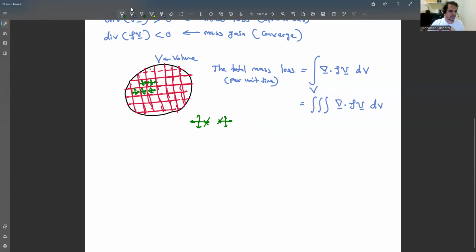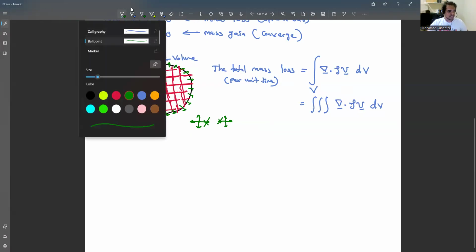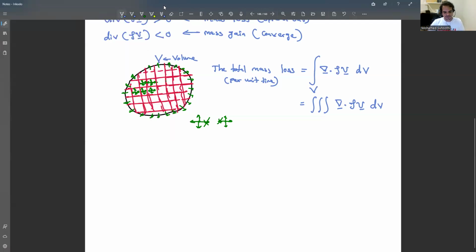Finally, only the outflows along the boundaries remain. That is the net mass loss on this volume. Therefore this will be equal to the mass loss along this boundary.